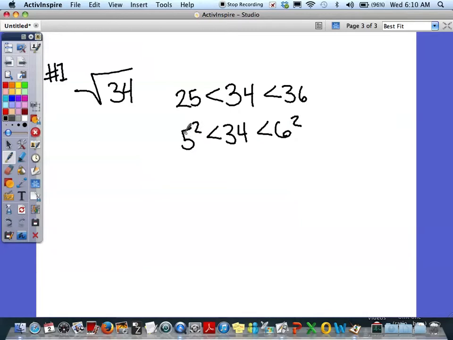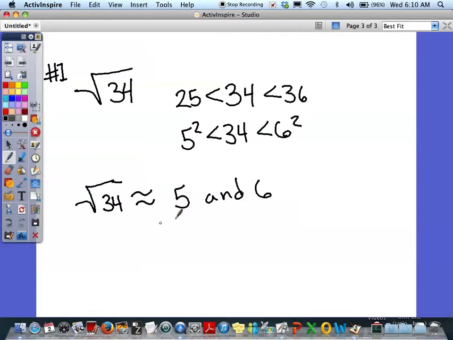So I know my approximation of the square root of 34 has to be somewhere between 5 and 6. If I say it's 6, that's too much, because 36 is more than 34. But if I say it's 5, that's too little, because 5 times 5 is 25.